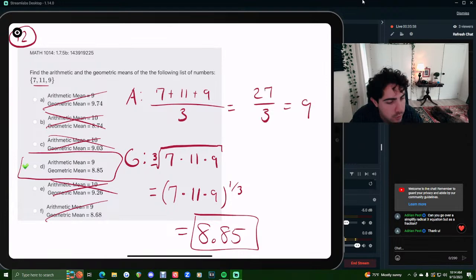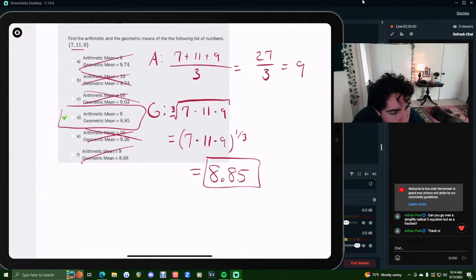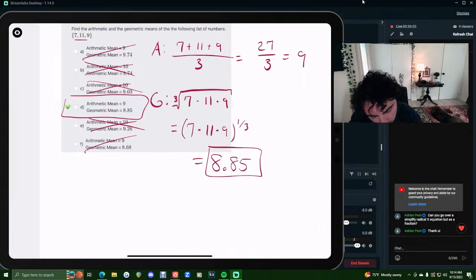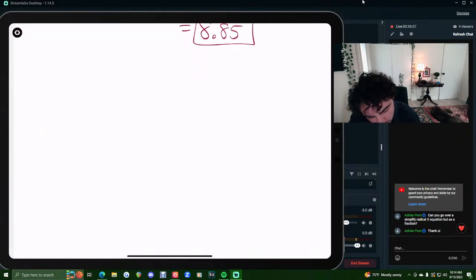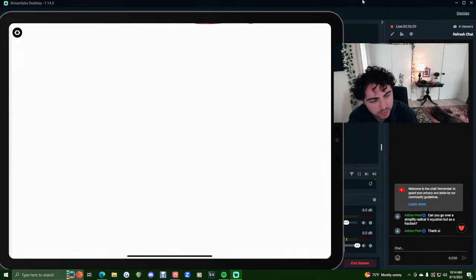All right, so back to Adrian. You said, can you go over simplifying radical x equation but as a fraction? I wonder if you could give me an example. Let's see. So radical x equation. So we have something like this, but you said as a fraction. So simplifying.